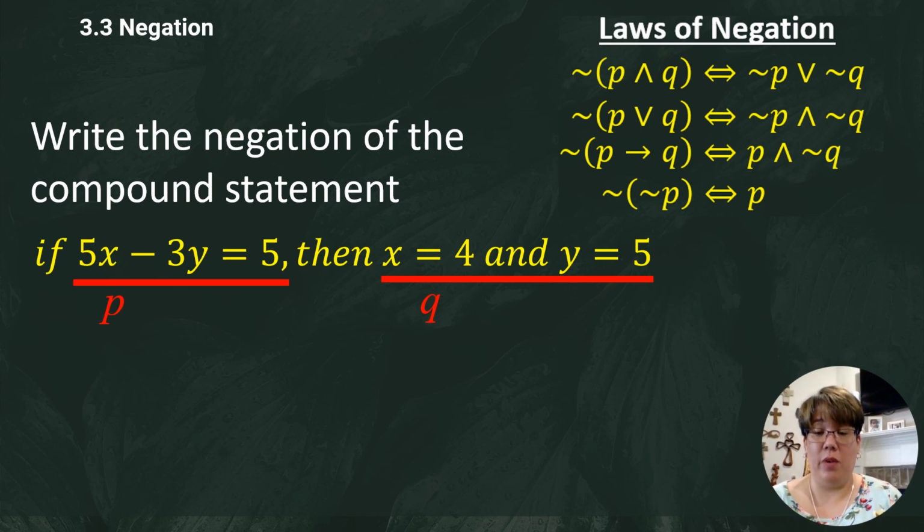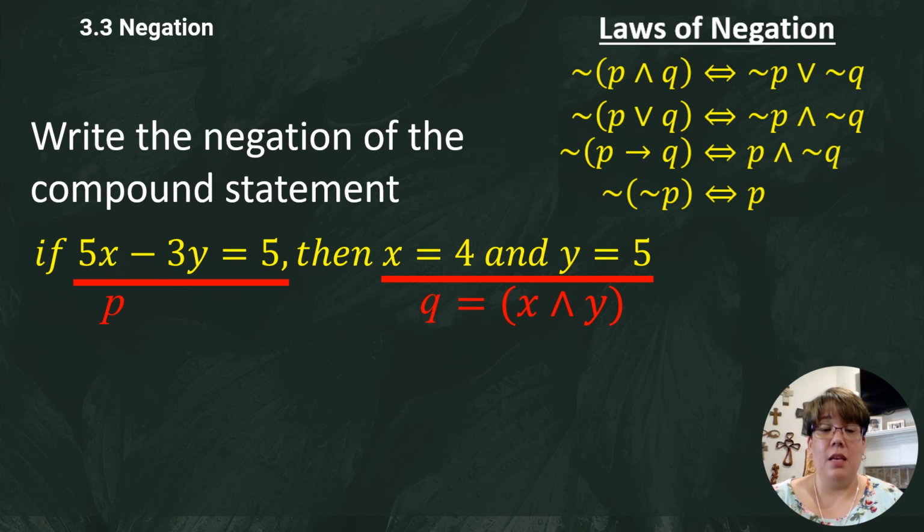Now Q is a little more complicated, because Q is actually like x and y. Q is a compound statement in and of itself. So I've got a lot going on, and we're going to have to break this up even a little bit more.